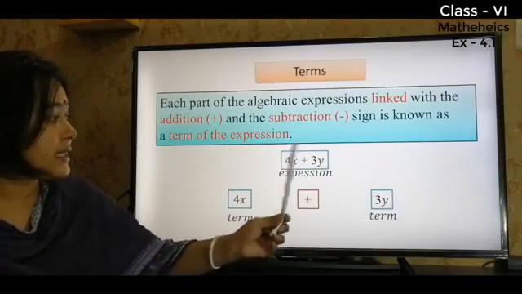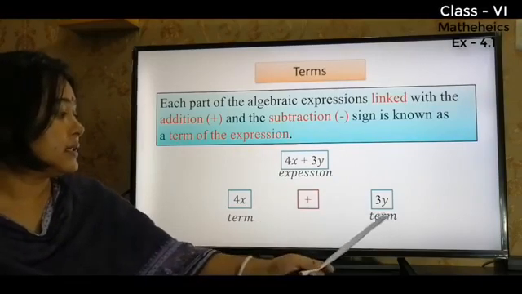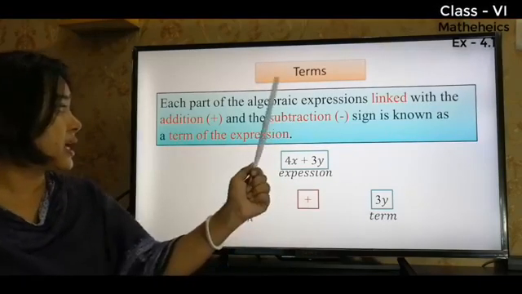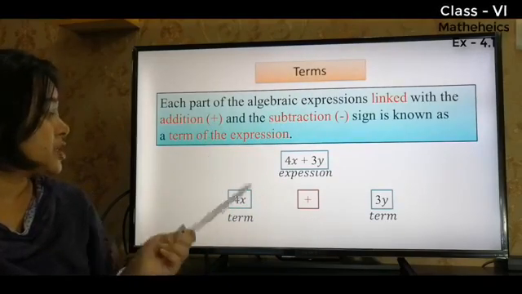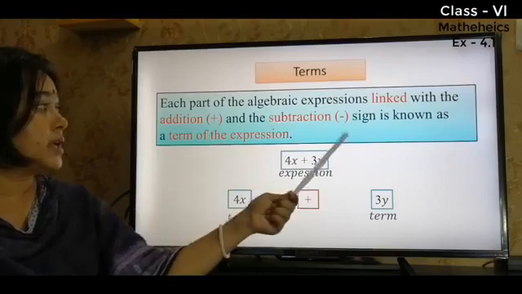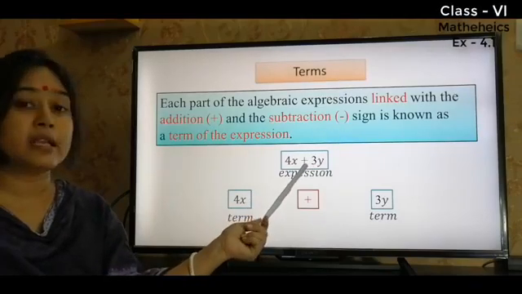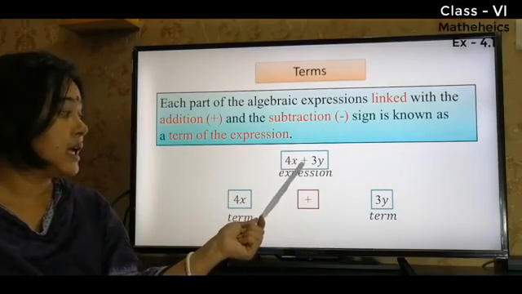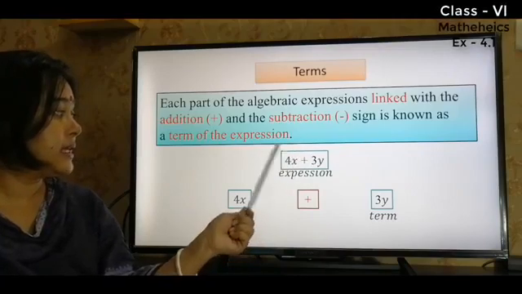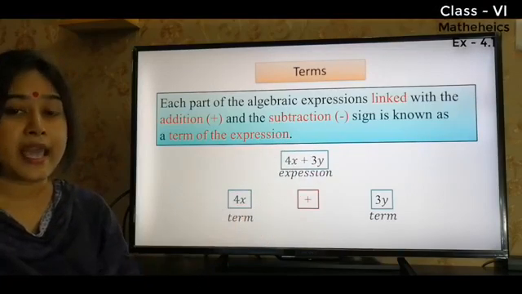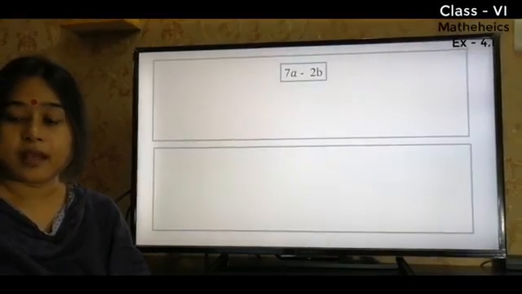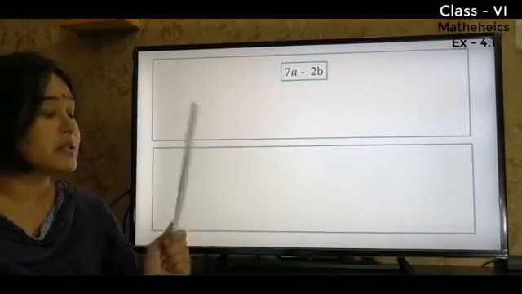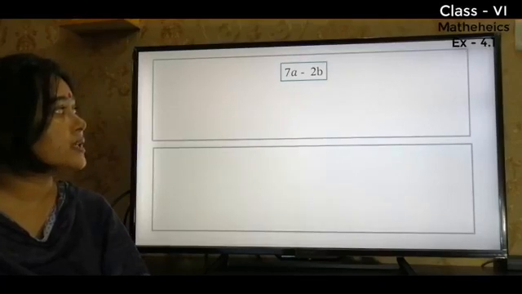That's why in this expression we can see there are two terms, because our definition of terms says that the algebraic expression parts will be linked with a plus sign or minus sign. That plus sign linked these two algebraic expressions. Another example you can see here, 7a minus 2b.